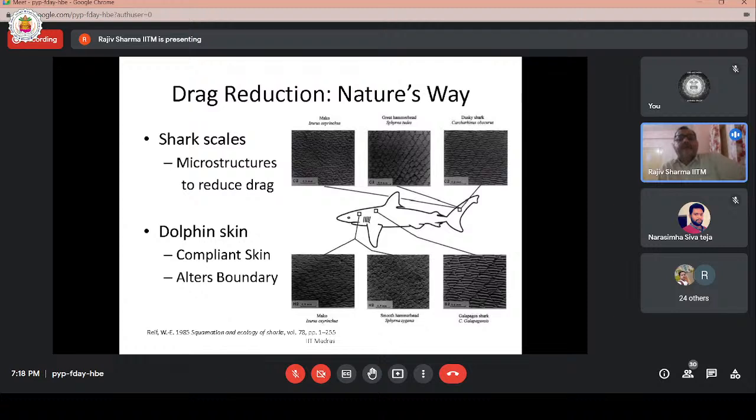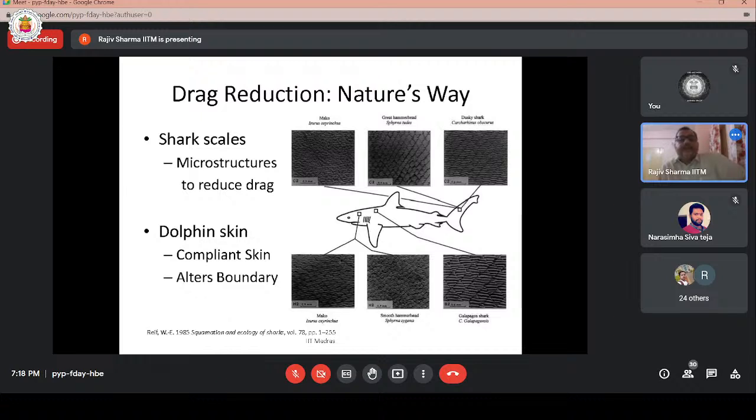So the first idea is that can we use these microstructures to reduce the drag? And you can see here the microstructures. People also investigated the dolphin skin, and they found that it has a compliant skin.